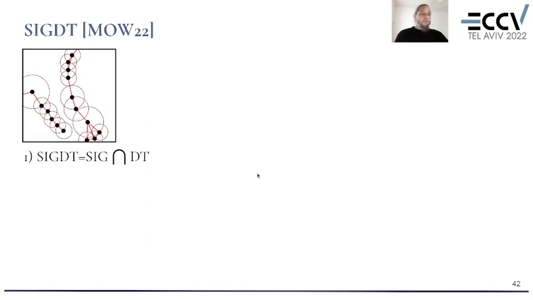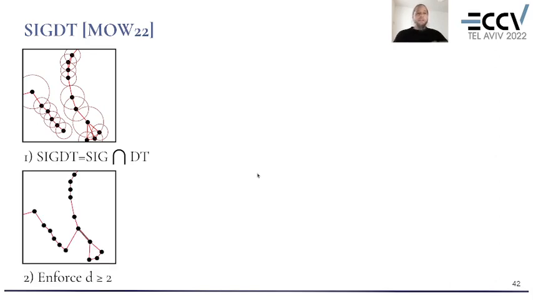Another algorithm, the sphere-of-influence Delaunay triangulation, which is the intersection of the sphere of influence graph and the Delaunay triangulation, was posted this year. First we take this graph, then similar to the connect 2D algorithm from 2013, we enforce a degree of vertices of at least 2 by adding edges from the Delaunay graph with least edge length.